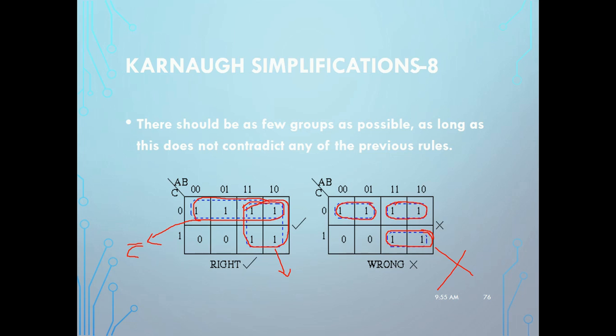It's again a quad, so it's only A. Only B gets eliminated, so only A. So your expression will be C bar plus A. This is the final answer. Y is equal to C bar plus A. If you write the expressions for the other grouping, you will get three different terms, so that is why it is wrong. The second problem will give a different expression, so that's why it is wrong.